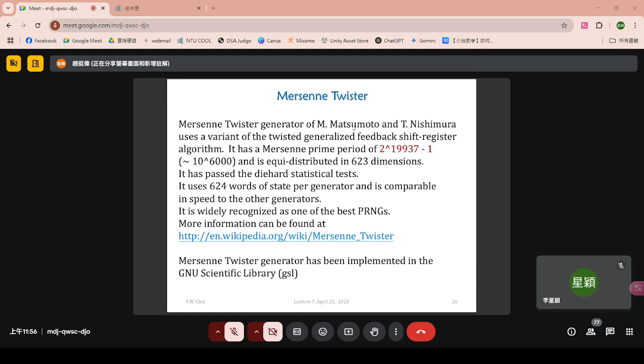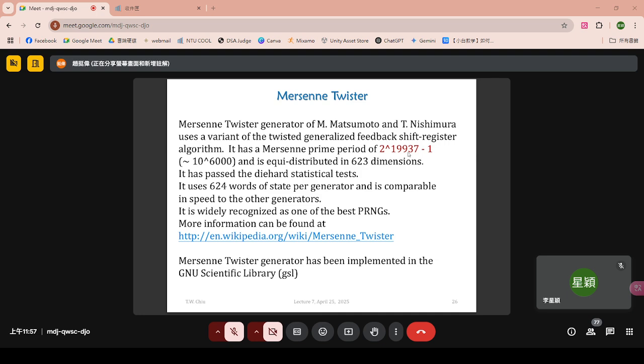It was proposed by two mathematicians, Matsumoto and Nishimura. It uses a generalized feedback shift register, but with a twist, an algorithm such that after the twist the period is 2 to the power 19937 minus 1.